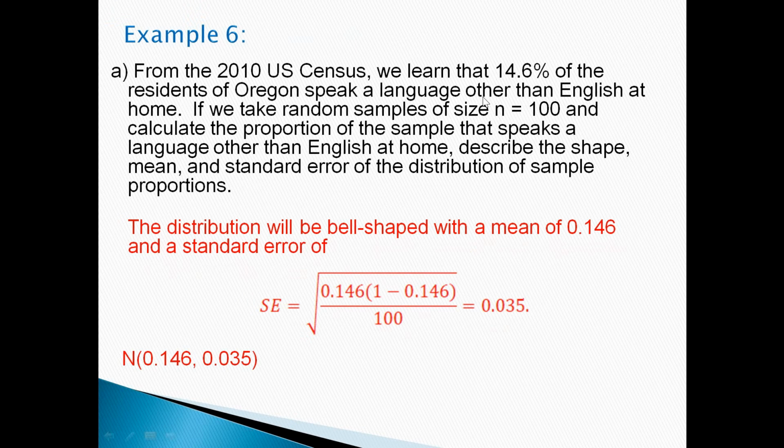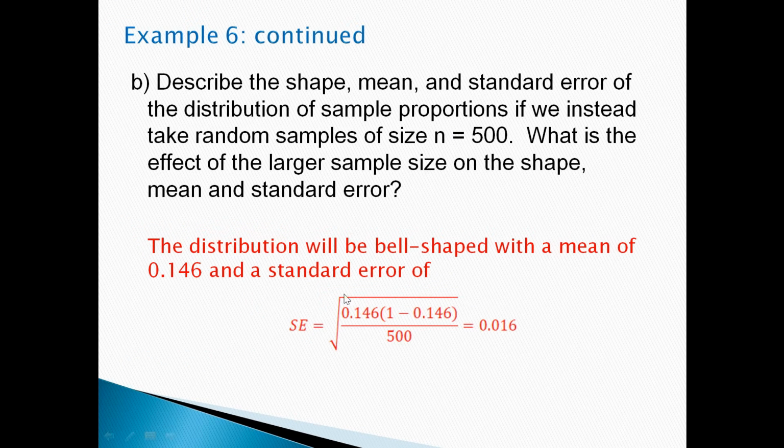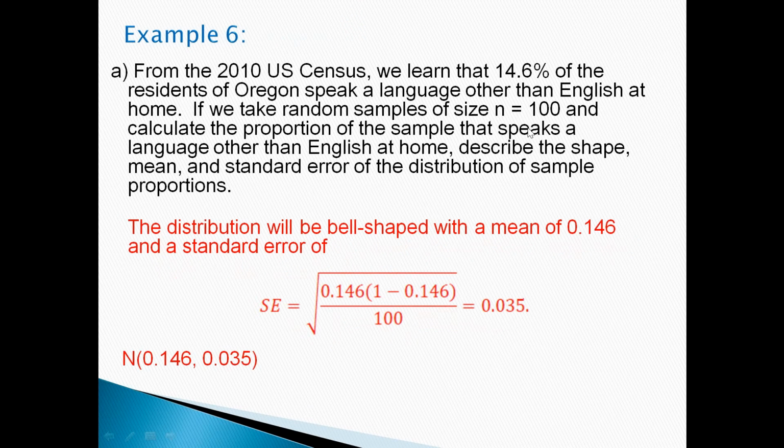The standard error, on the other hand, you need to apply the formula. So the SE is going to be the square root of p times 1 minus p over n. This time the n is 500, and you notice that the SE, or the standard error, became smaller. Previously, when n was 100, the standard error was 0.035.